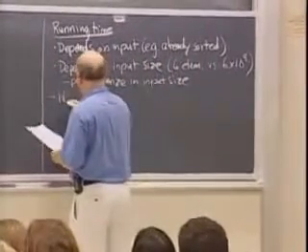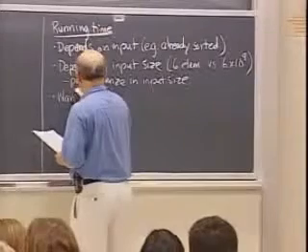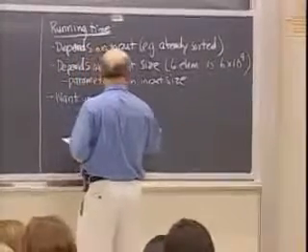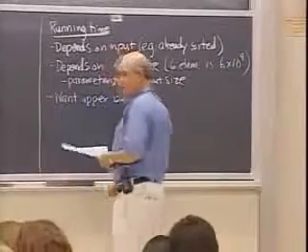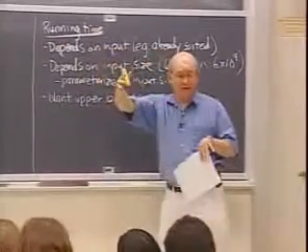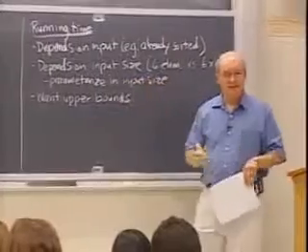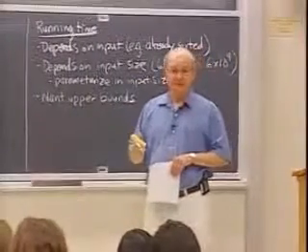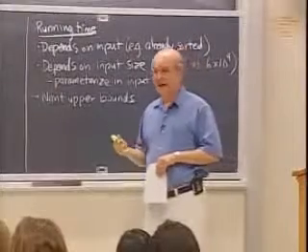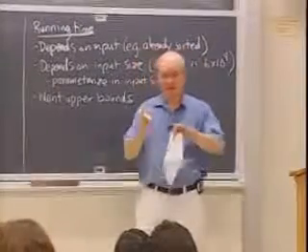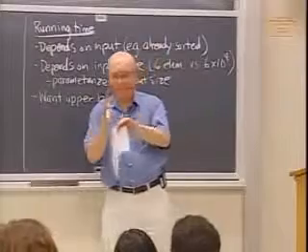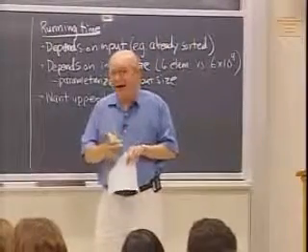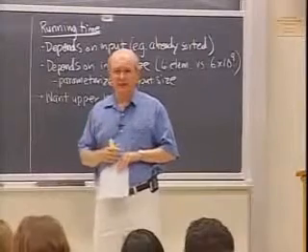And the last thing I want to say about running time is that generally we want upper bounds on the running time. We want to know that the time is no more than a certain amount, and the reason is that it represents a guarantee to the user. If I tell you here's a program and it won't run more than 3 seconds, that gives you real information about how you could use it, for example, in a real-time setting.